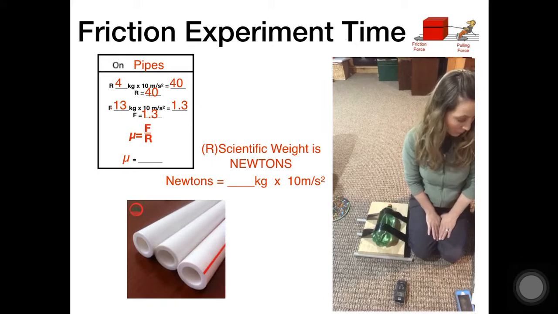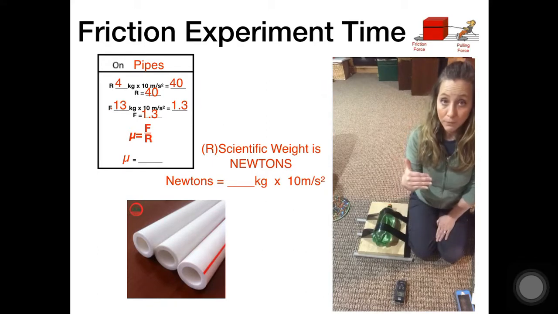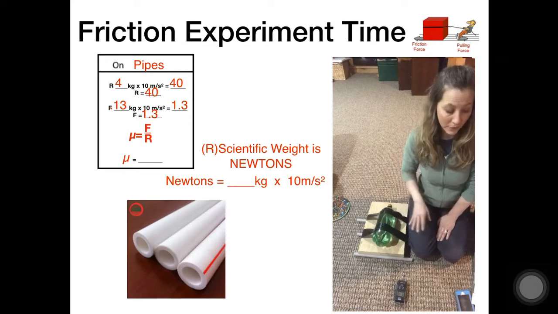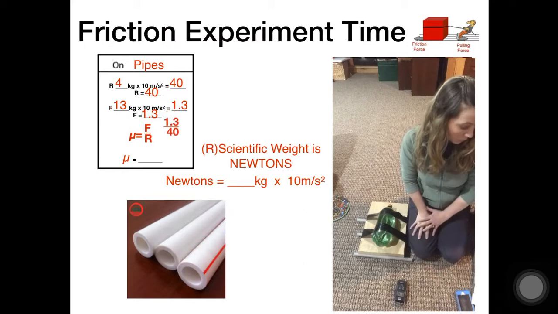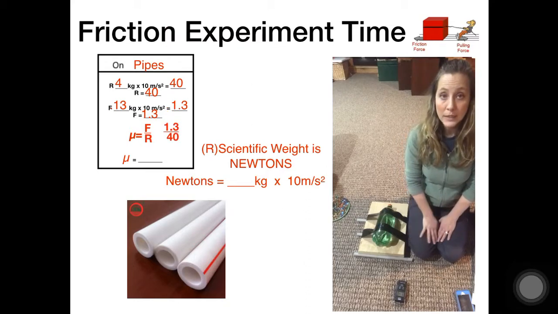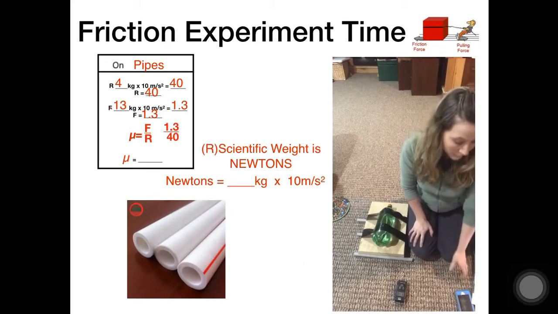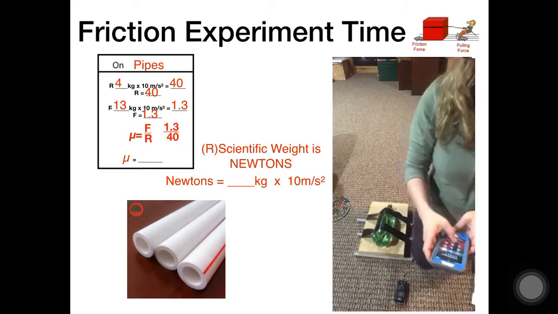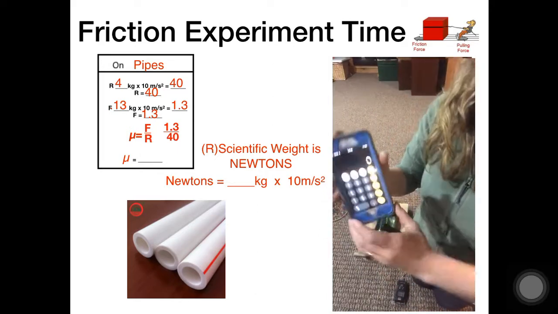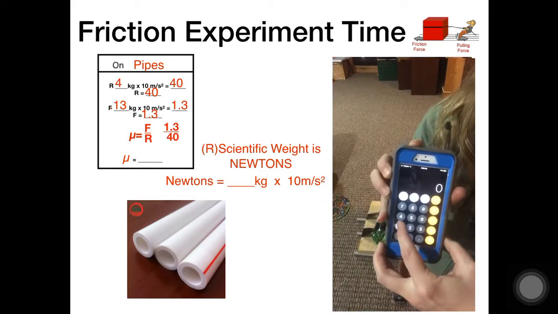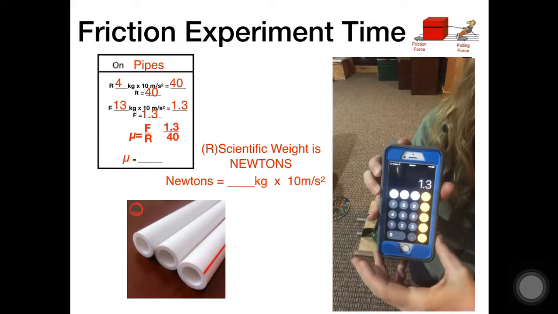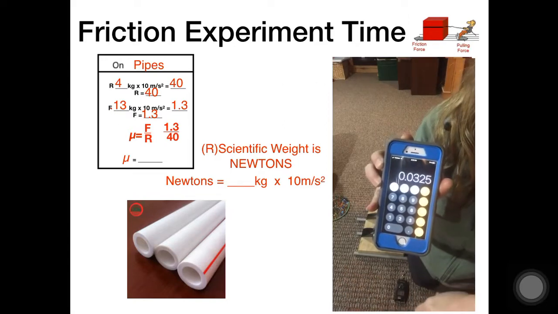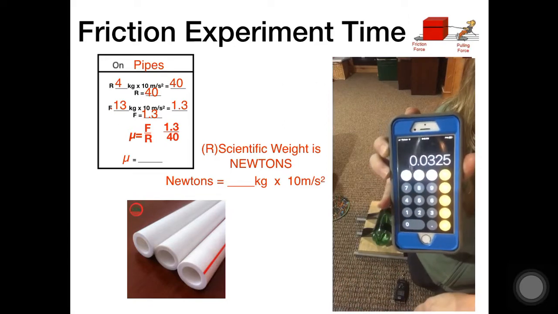And just like last time, we will be dividing the force in by the load weight, or the R. F divided by R, and that will be 1.3 divided by 40. And as I have said before, let's do that on our calculator. 1.3 divided by 40 gives us 0.03.